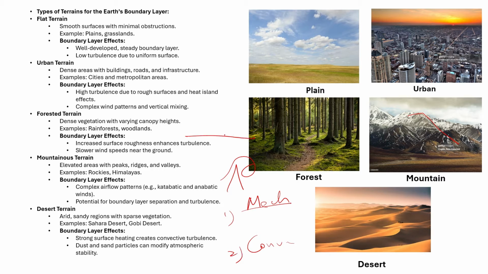For example, if the surface is very hot, the air parcel is rising and mixing with the layer next to it. When it is rising, that way it is causing the convective turbulence. As the surface temperature is very hot, a lot of convective turbulence is also added in the desert region.